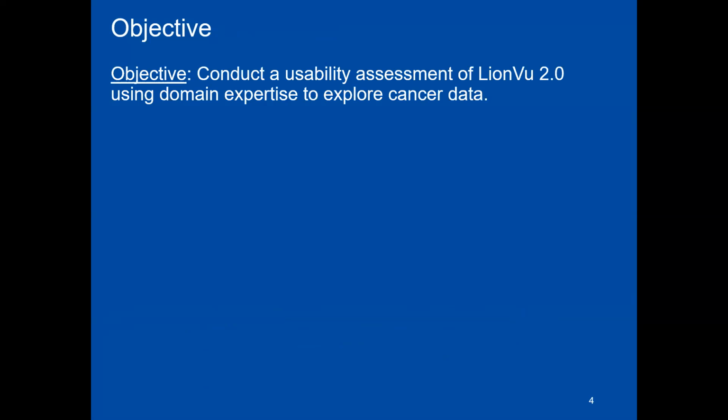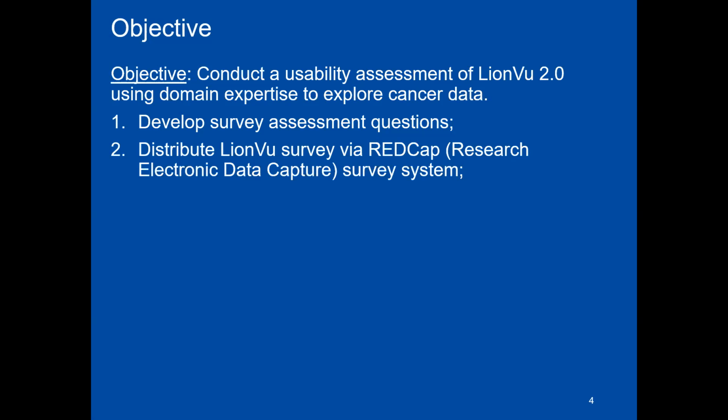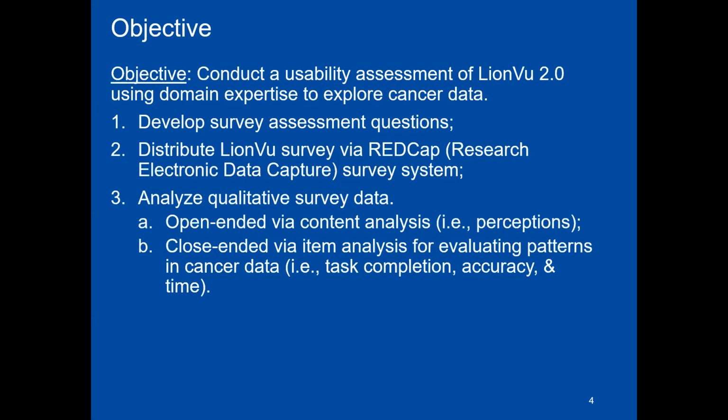The objective of this survey was to conduct a usability assessment of LionView 2.0 using domain expertise to explore cancer data. I first developed survey assessment questions, distributed the survey via the REDCap survey system. I analyzed qualitative survey data using open-ended questions via content analysis of perceptions, and closed-ended questions via item analysis for evaluating patterns in cancer data, task completion, accuracy, and time.